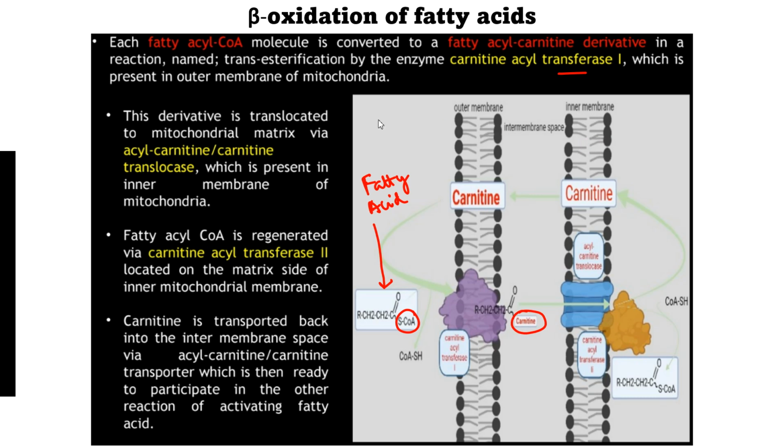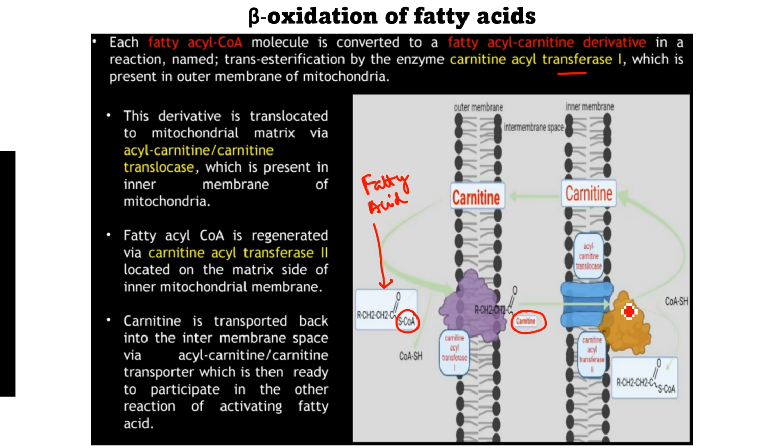That is why there is this acyl carnitine translocase, present in the inner mitochondrial membrane, and it transfers this carnitine from the intermembrane space, from the outer mitochondrial membrane, into the matrix of the mitochondria.